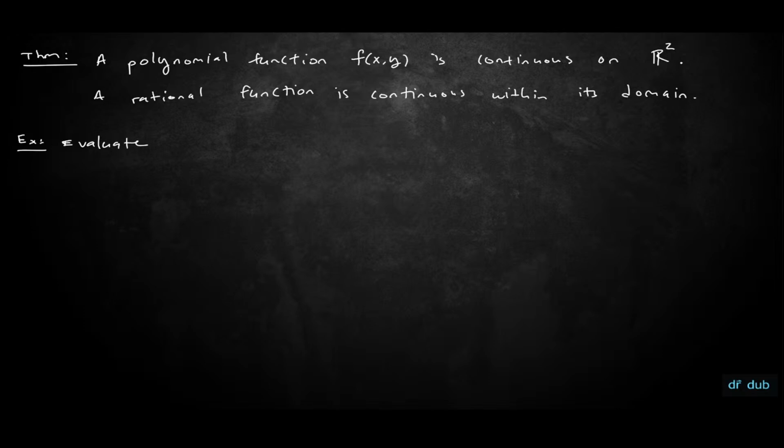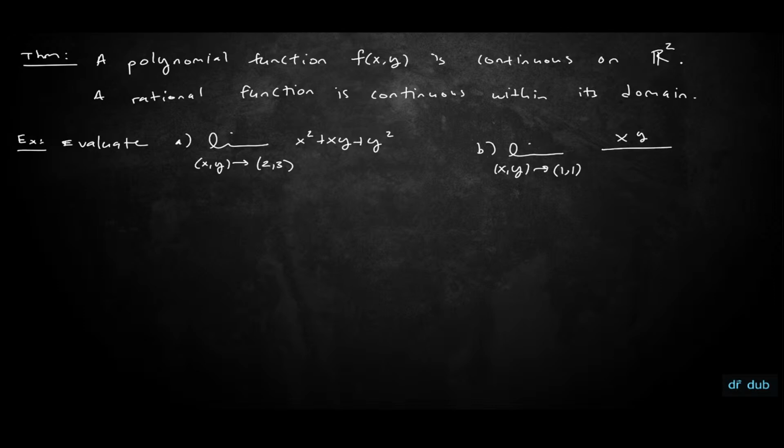Evaluate part A, the limit as xy goes to the point 2, 3, of the function x squared plus xy plus y squared. And then part B, limit as xy goes to the point 1, 1, of the function xy over x squared plus y squared.